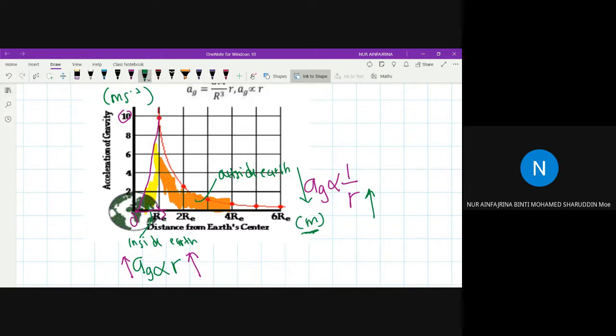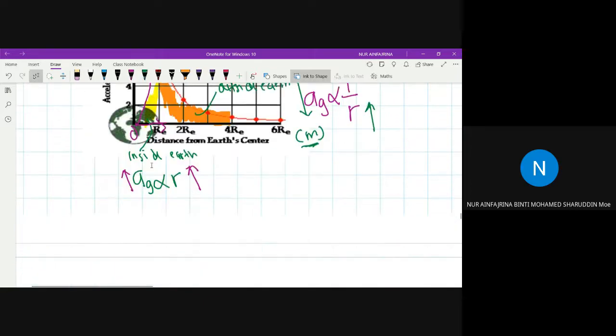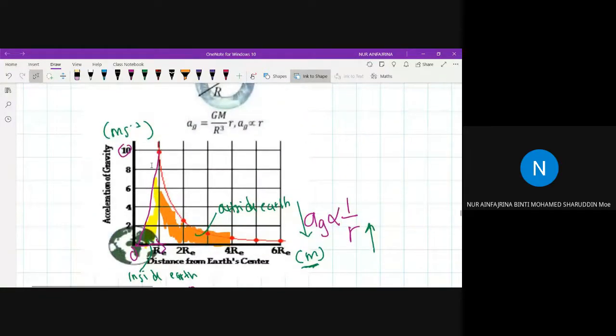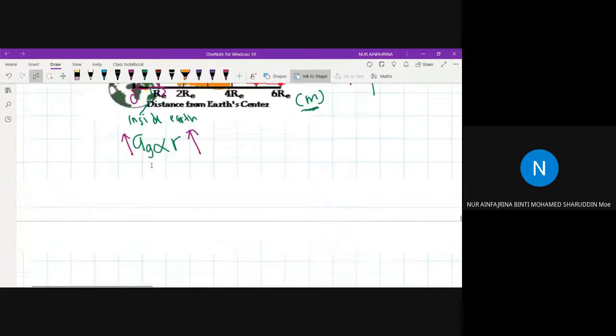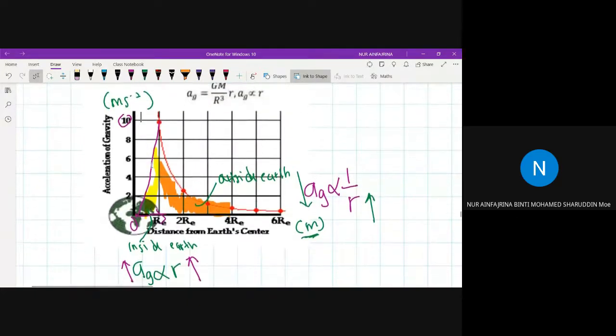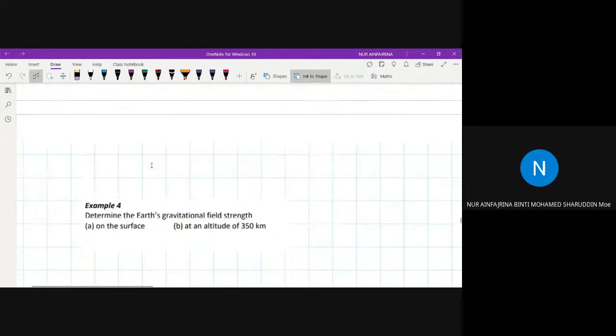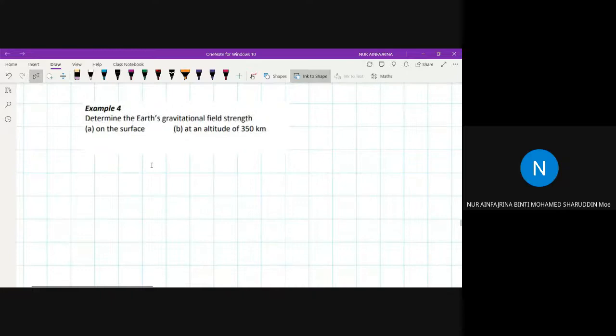Okay, now, if you are done, you can try example 4. Miss bagi masa ya. Alright, now, Miss proceed ya. Semua orang dah ke yang ini? Guys, dah ke? Okay, korang try buat example 4. Once you guys are done with example 4, tekan nombor 1 di chat box.